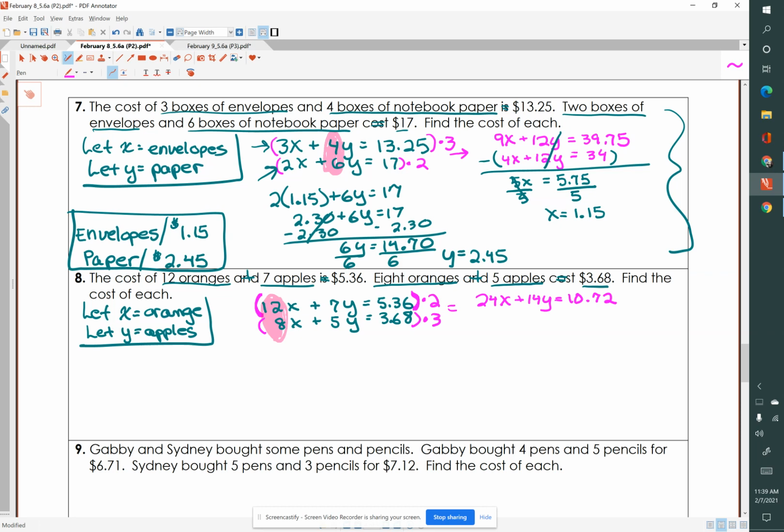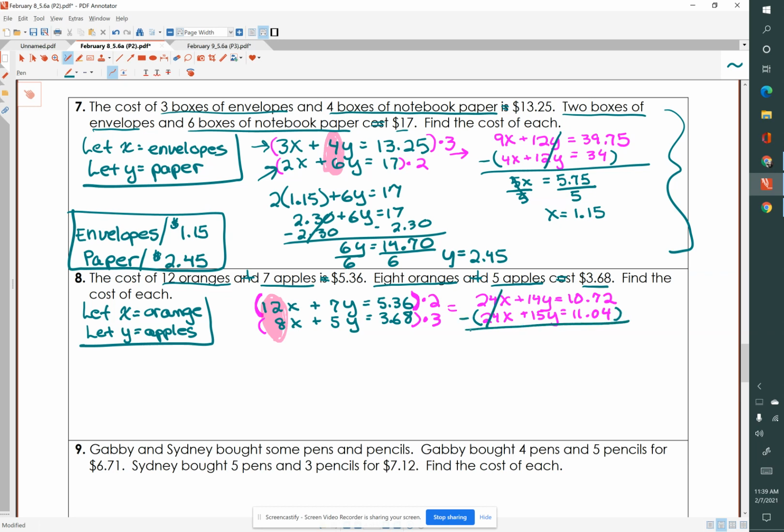Now I'll multiply the second equation by 3. 8 times 3 is 24x, so that's going to enable me to eliminate the x's. 5 times 3 is 15y, and 3 times $3.68 is $11.04. So I'm going to merely subtract the second equation from the first to eliminate the x values.